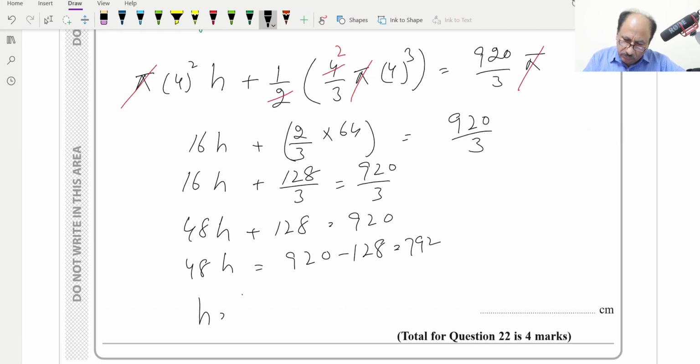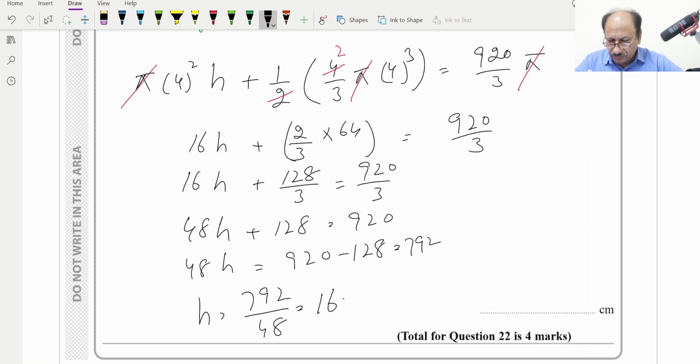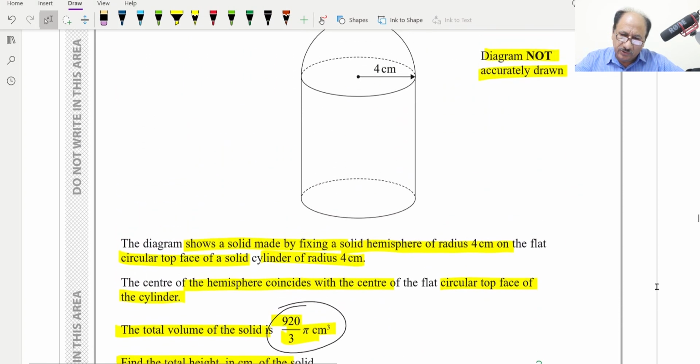So h is equal to 792 over 48, and 792 divided by 48 is equal to 16.5. So 16.5 centimeters will be this value.